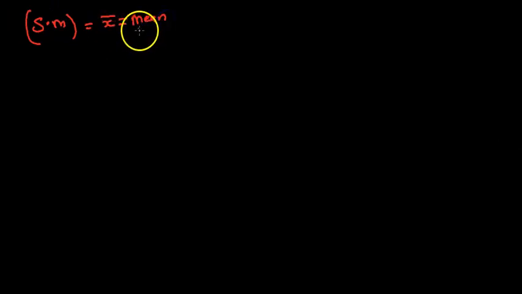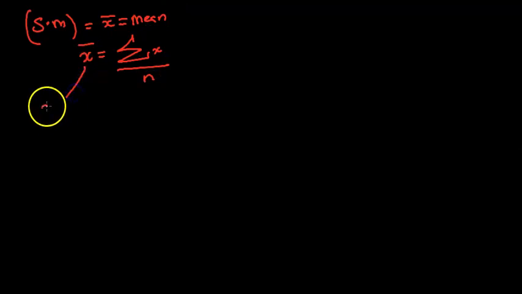Let's start with the sample mean. The sample mean is denoted by X bar. In this case, the sample mean, X bar, is going to be the summation of X divided by n.